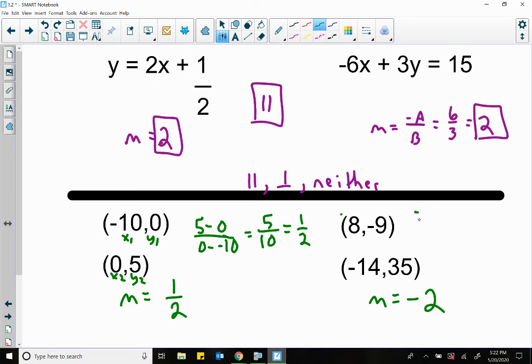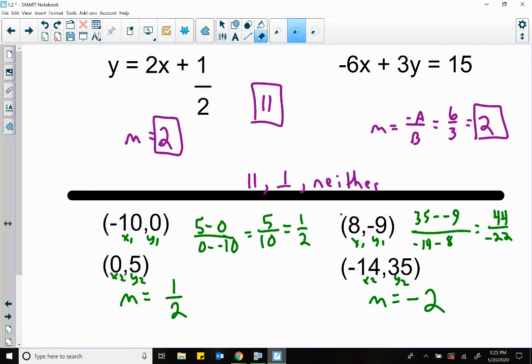And over here, if you take 35 minus a -9, because this is your x1, y1, x2, y2, all over -14 minus 8, you get 44 over -22. Sorry, that's not a -44 on top. That's a +44. Just kidding. I was like, that doesn't come out to a -2. And that will give you the -2. All right, so there they are worked out for you.